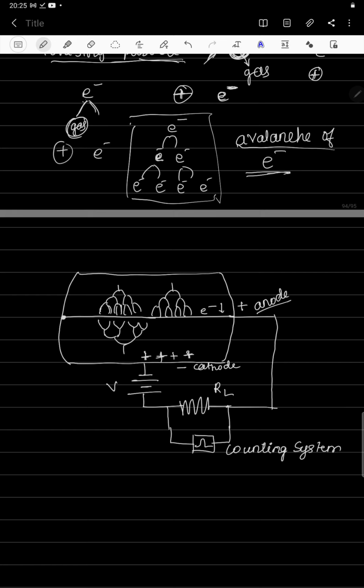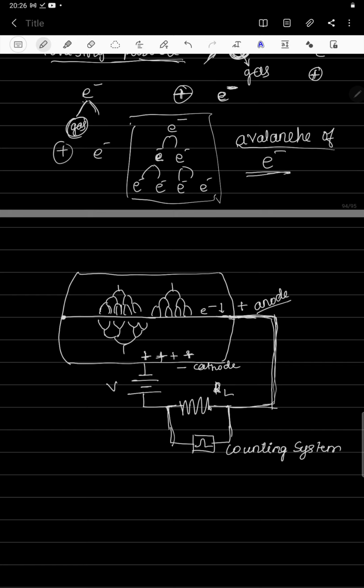Now all these electrons are accelerated towards the anode, which means a number of electrons pass through this anode, which is connected to the positive terminal of a high tension battery, and there will be a high load resistance. As the electrons move through this circuit, a large potential drop takes place across the load resistance.